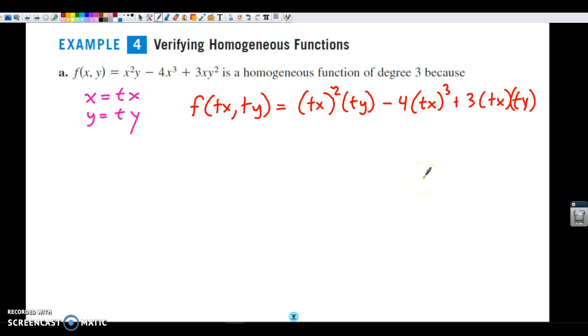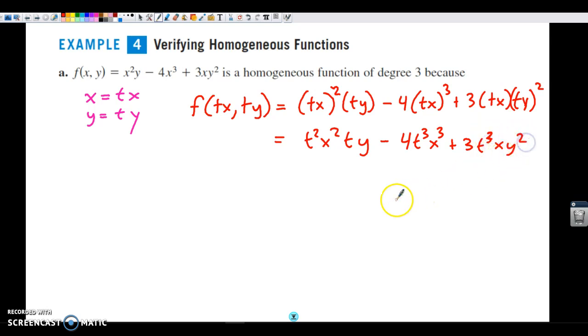All right, so then let's go ahead and pull out the t's where we can. So this is going to be t squared x squared ty minus 4 times t cubed x cubed plus 3t squared xy. And I think I forgot to square this thing, so it should be 3t to the third power xy squared.